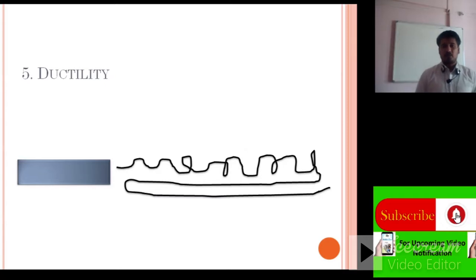Here we have a thin wire which is drawn out from the stock or raw material, and when we can make the stock into a thin wire, that property of the material is known as ductility.